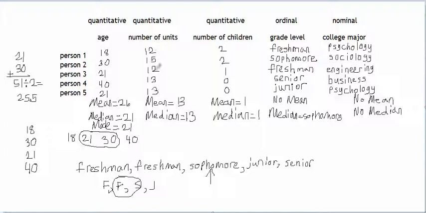In this column of data, 13 shows up 2 times, and 12 also shows up 2 times. So 13 and 12 are both tied for first place, which means we actually have 2 modes. The modes are 12 and 13.